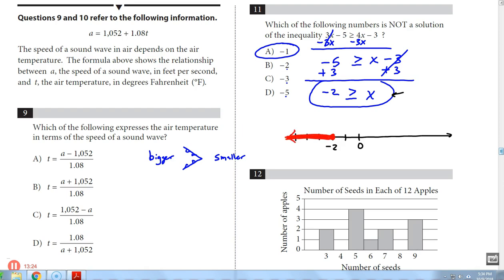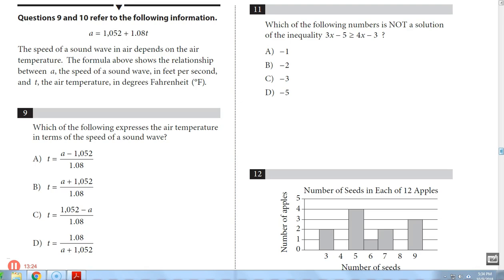So this is the solution set. And so if you notice, -3 lives in the solution set, -5 lives there, but -1 is right here, and it's not in the solution set. So you might have interpreted it on a number line if your teacher taught it to you that way.